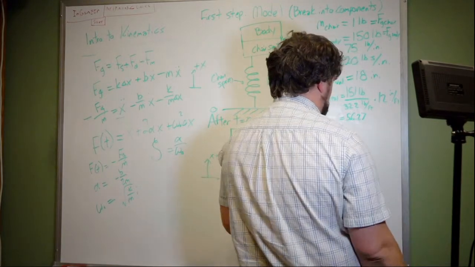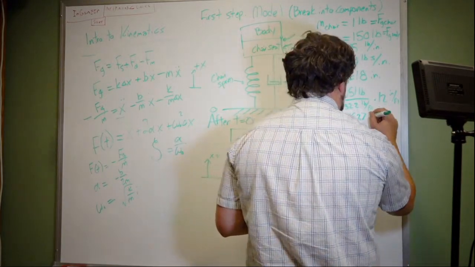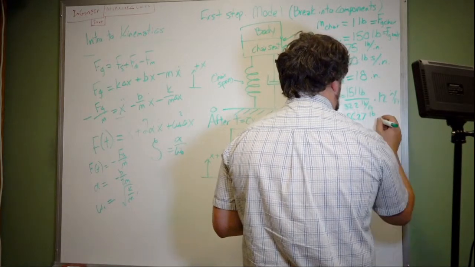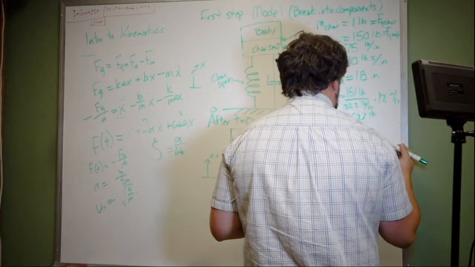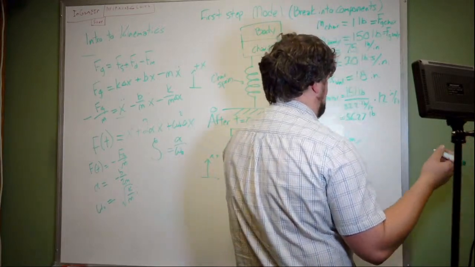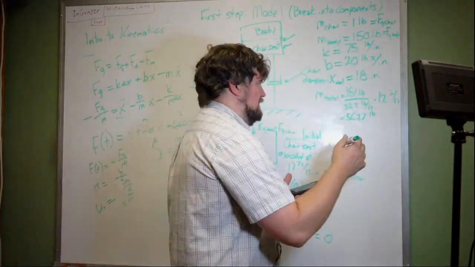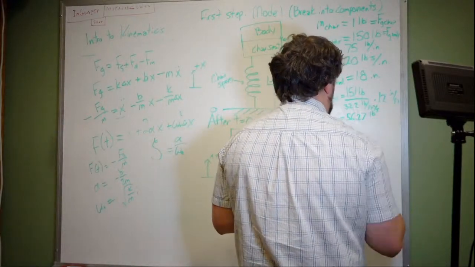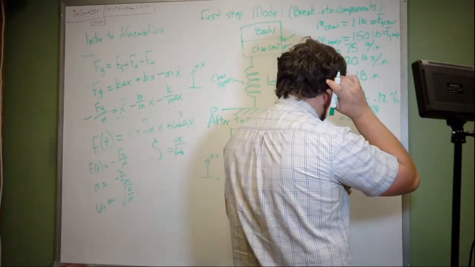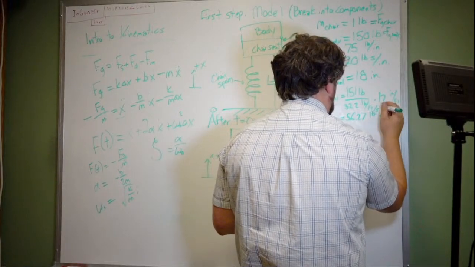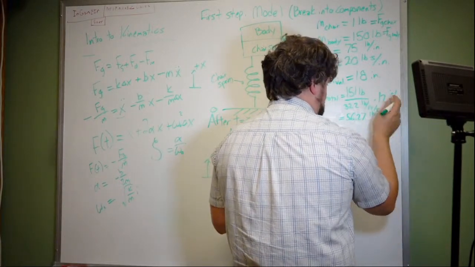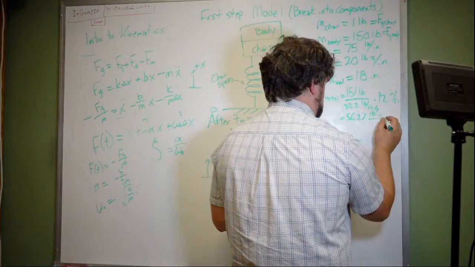And I don't really know what the unit is on this. So this is foot per second squared, so this is a pound inch. It's a foot per second, so it's a pound inch per second.